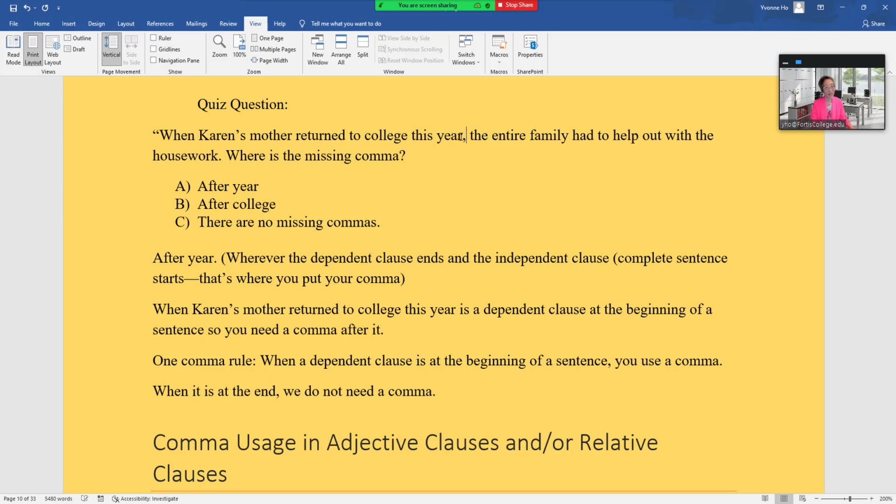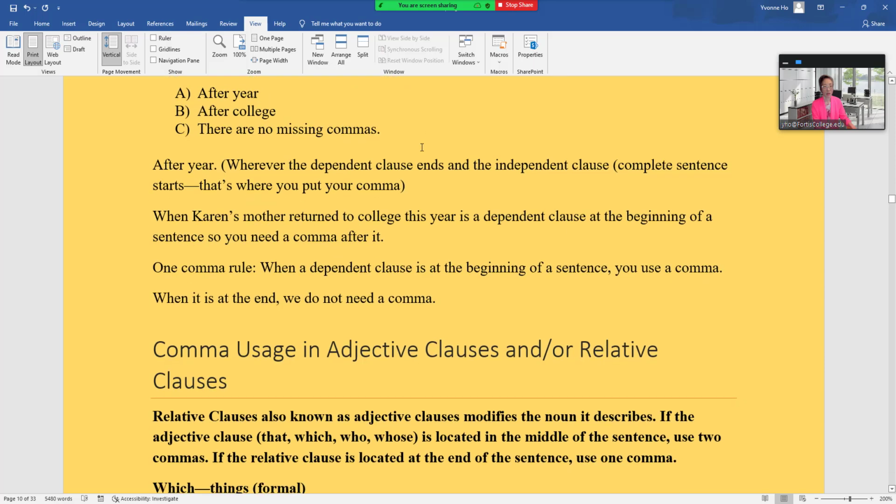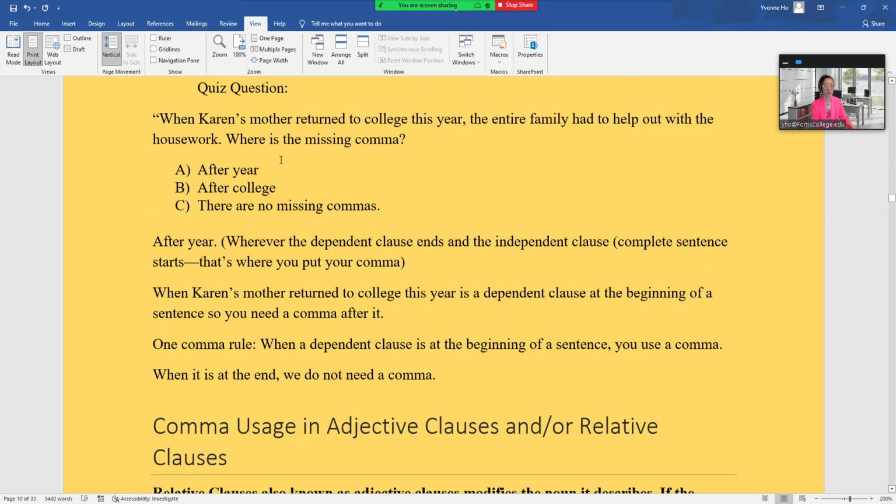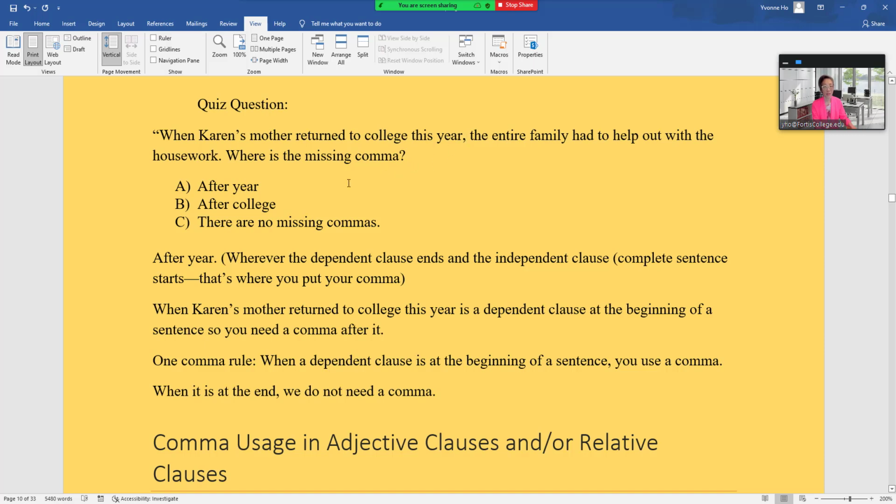At the end of the dependent clause is where you put the comma. So here the answer would be A, after "year."